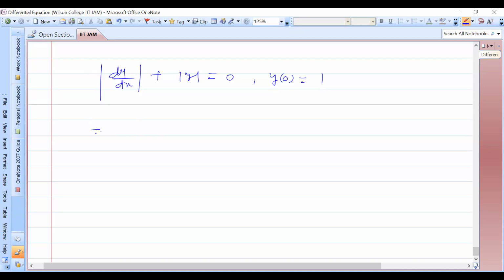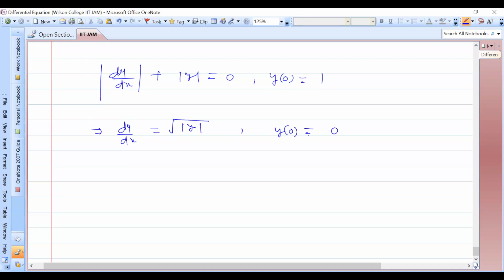See, we have taken one sum there, so a similar type of problem I'm taking here: dy by dx equals root of mod of y, y(0) equals 0. What is the Lipschitz condition?